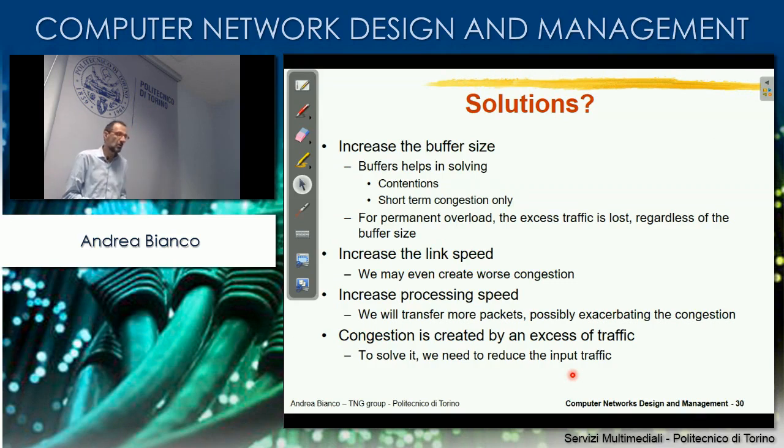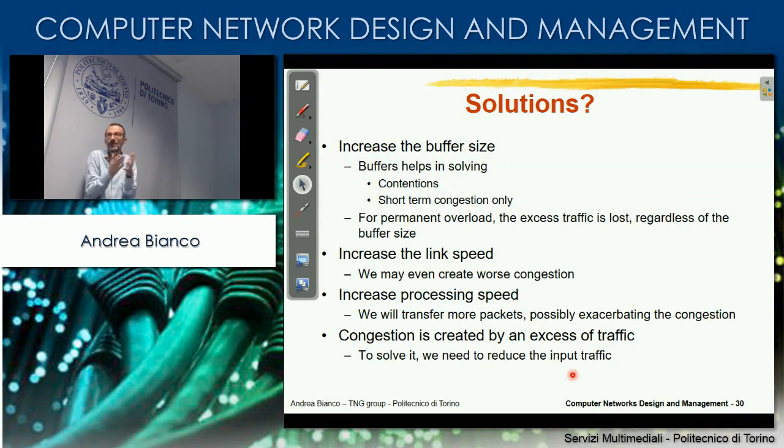True, but only up to a point, because this is not going to solve any permanent overload. So any buffer-based solution is a transient by definition. The larger the buffer size, the longer the transient in which you save packets. But sooner or later, since the buffers are finite by definition, you will end up in a scenario in which you have an average rate drop, which is the difference between the input rate and the output rate.